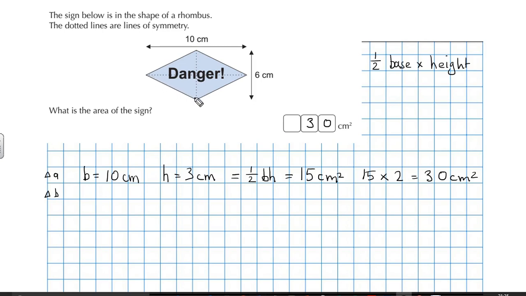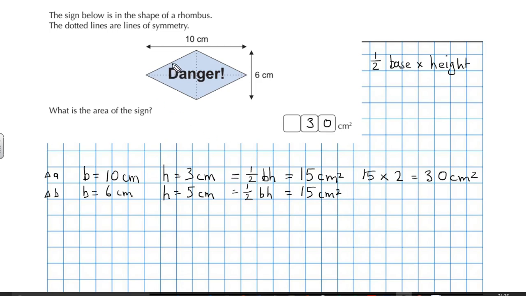Okay, so in this case the base is 6 centimeters, and the height is 5 centimeters, half of this 10. Okay, 5 sixes are 30, half, so half of the base times the height equals 15 centimeters squared.